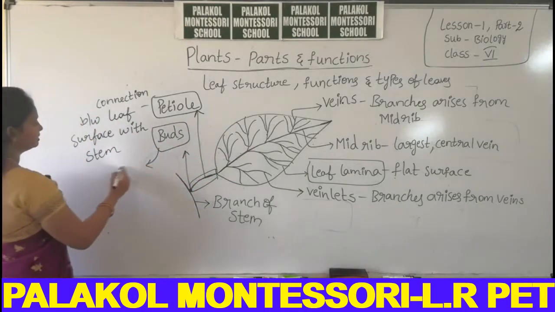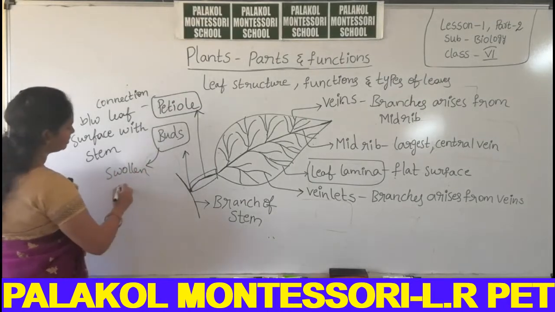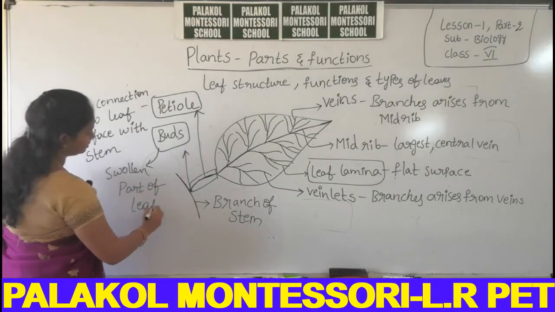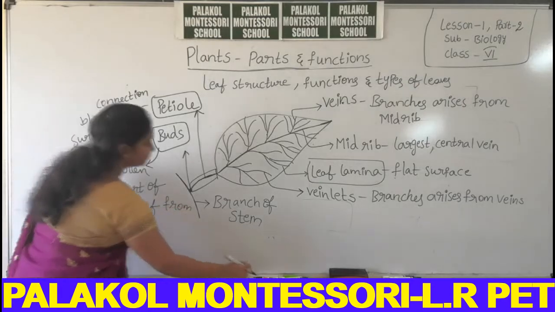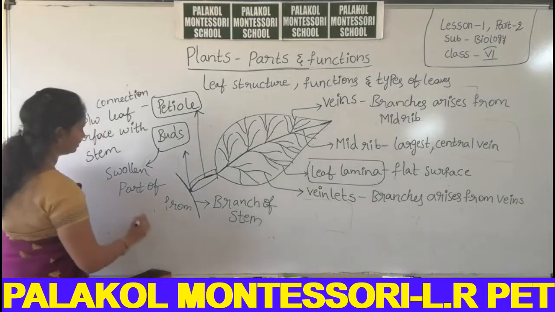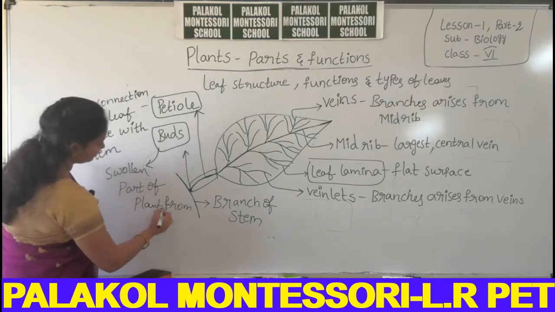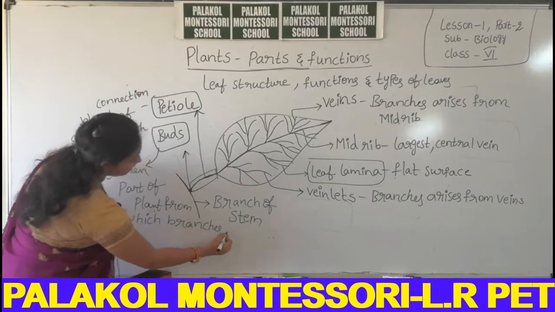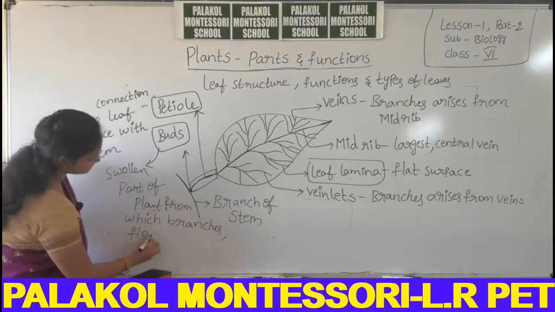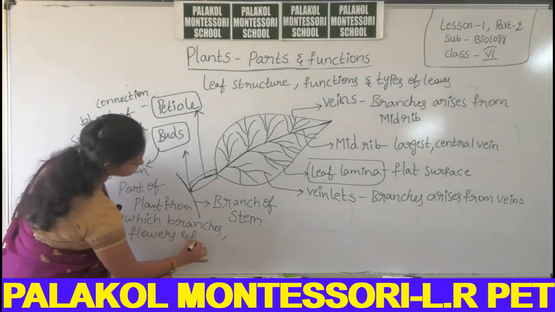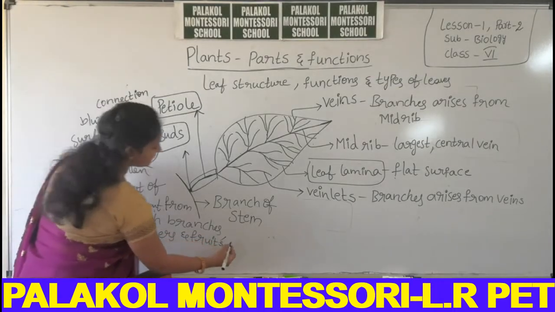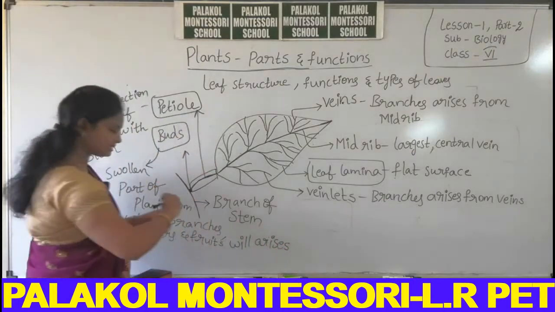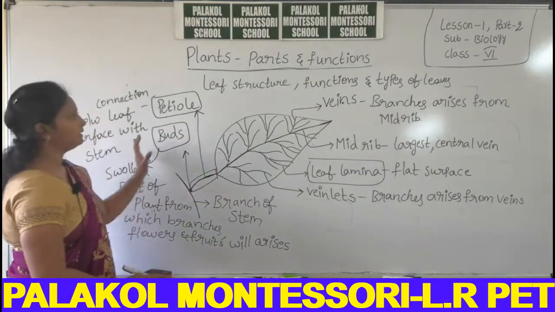Buds are nothing but a swollen part of the plant, from which branches and flowers and fruits will arise. Arise means generated. This is about leaf structure.